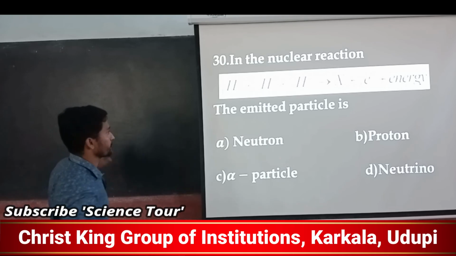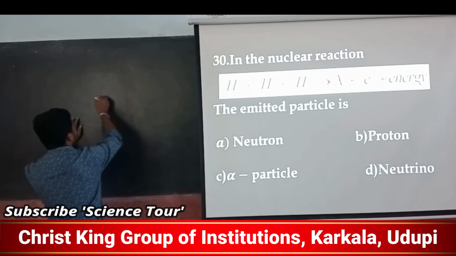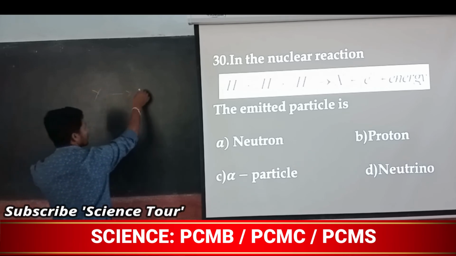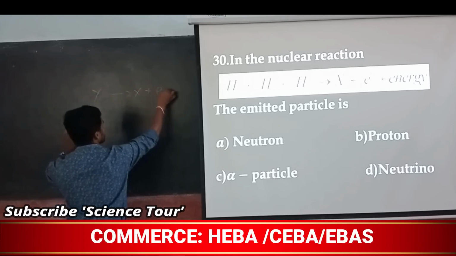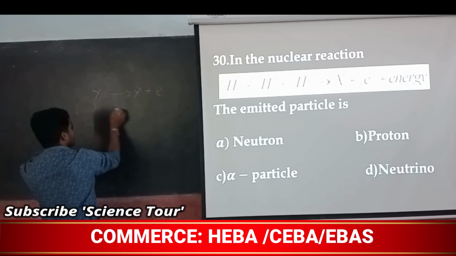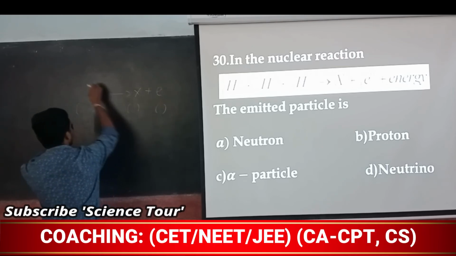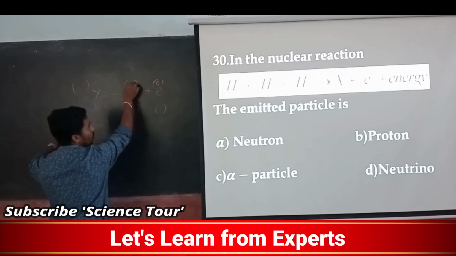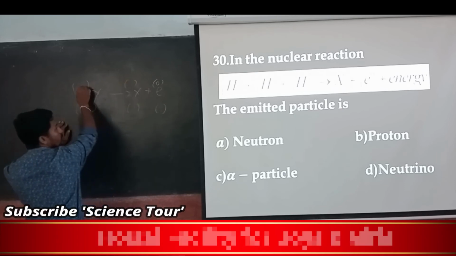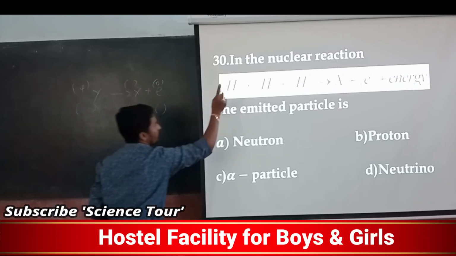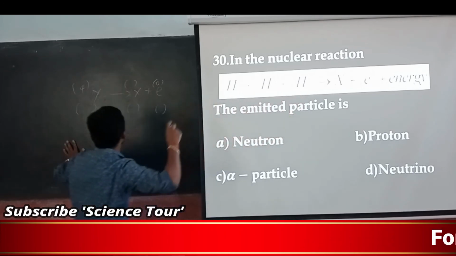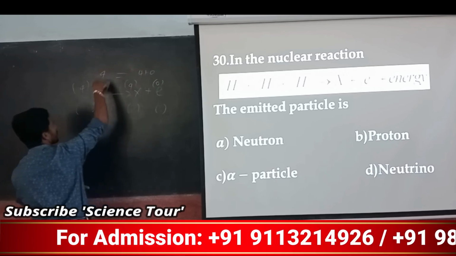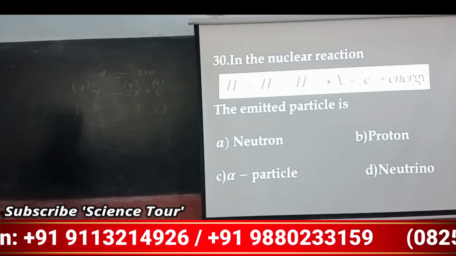Now see, Y gives X plus this much. The atomic number has to balance, and the mass number has to balance. 4 plus 0 is equal to 4, balanced, so it is 4.